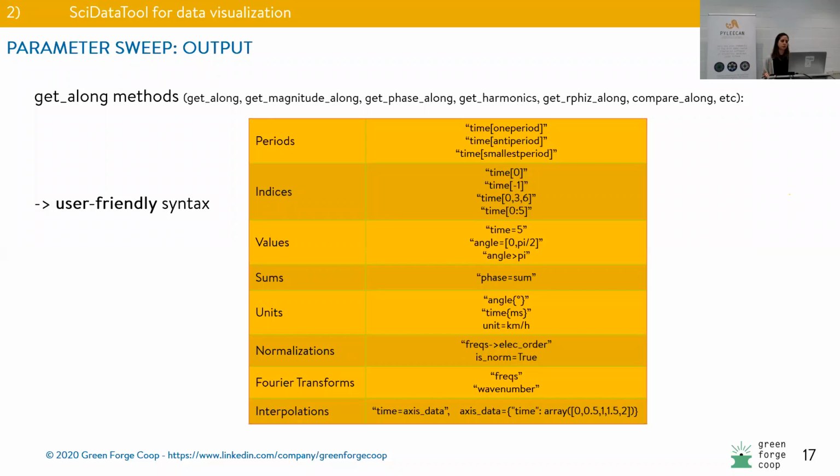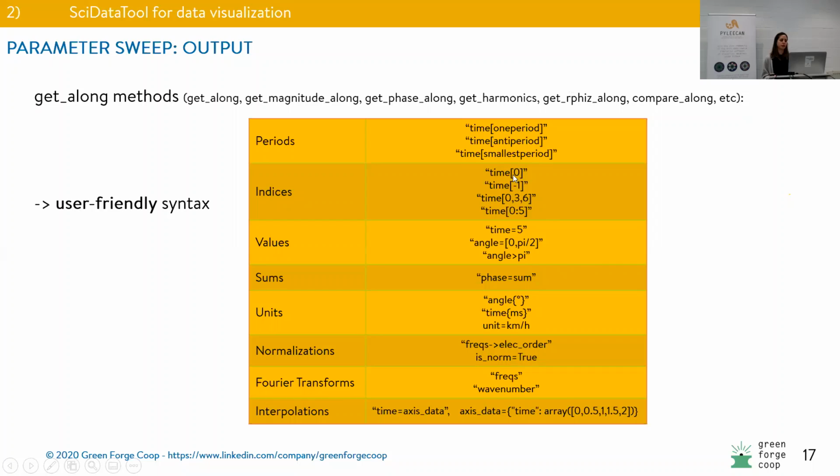And then if I want to reconstruct the whole vector, I would just call time. But maybe for my computation, I will need only 1 period. So I can call, as you can see here, 1 period, or anti-period if it's anti-periodic, or the smallest period there is. You can also extract indices from your axis or along your axis.